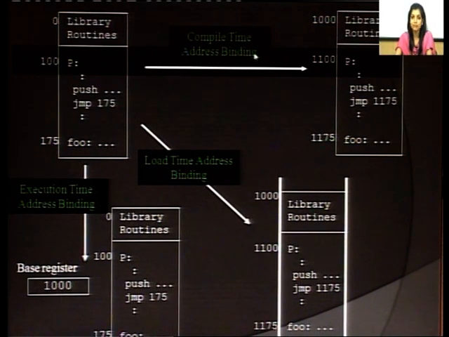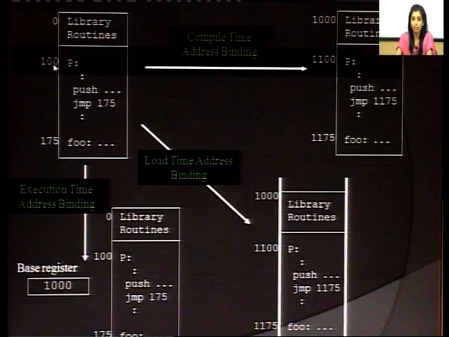In compile time address binding and load time address binding, notice these two addresses are the same, but the address in the execution time is different. Because we are adding a base address into the logical address.